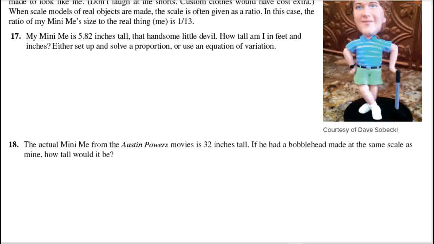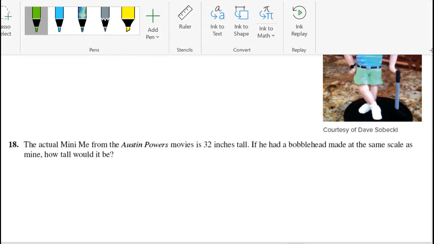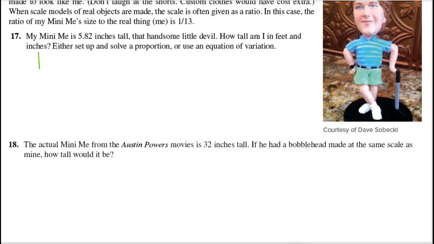So 1 over 13 equals 5.82 over x. The other way to do it is set up the equation.